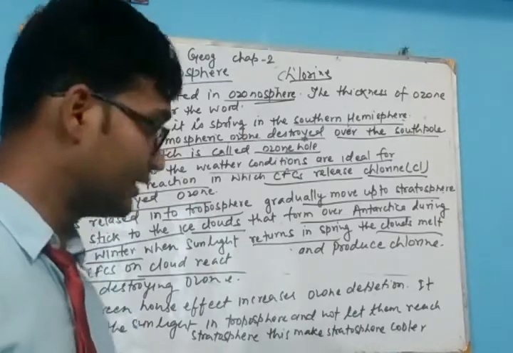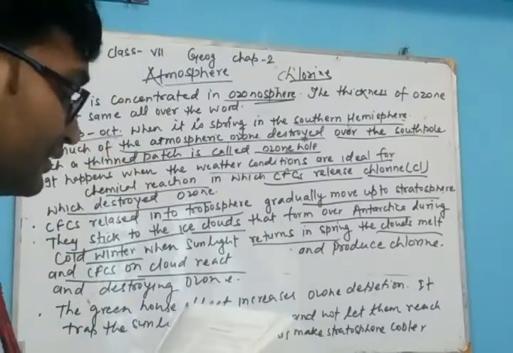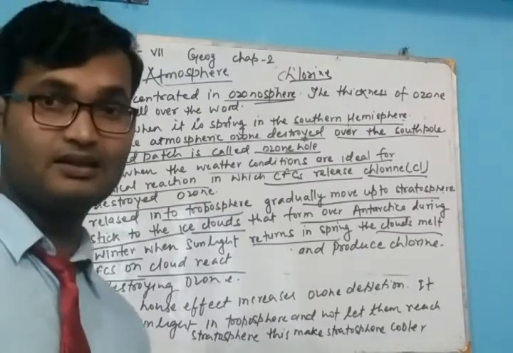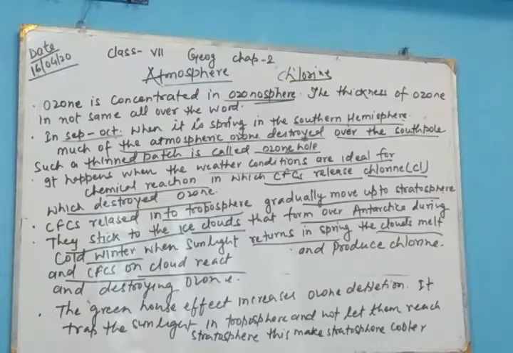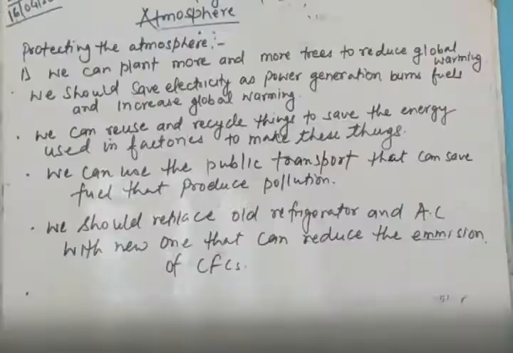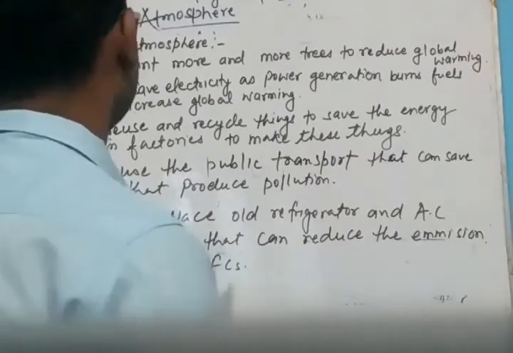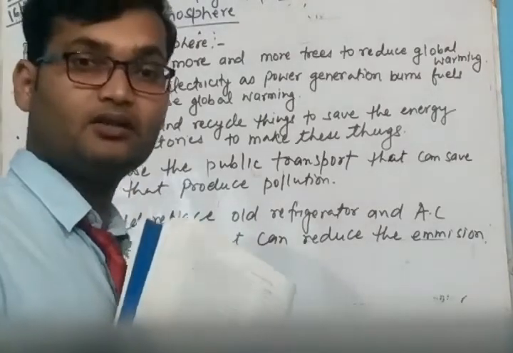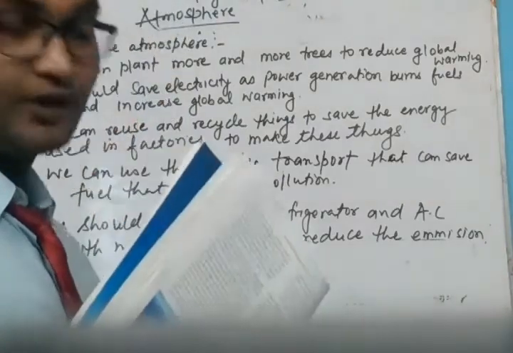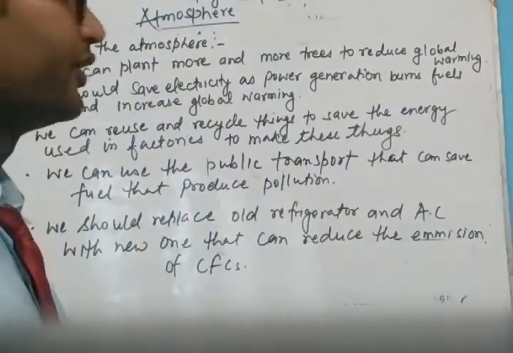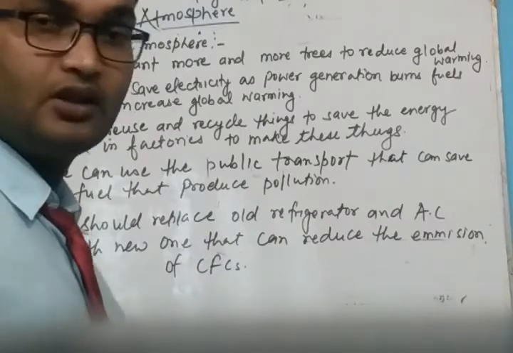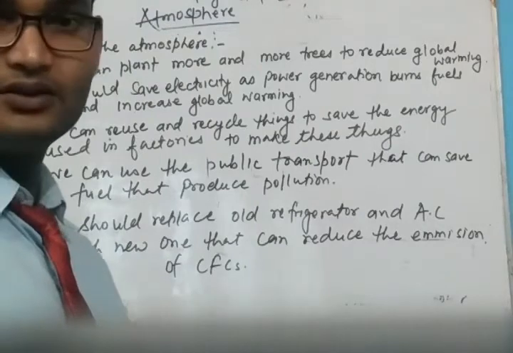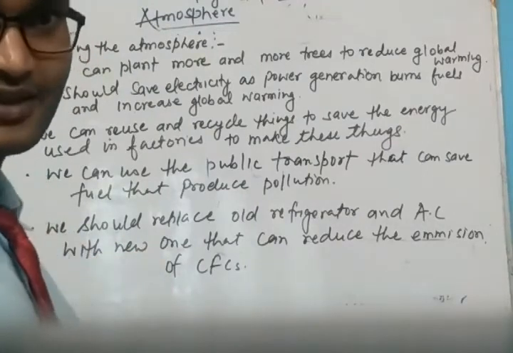The next topic is protecting the atmosphere. How can we protect the atmosphere? What should we do? Let's see. First of all, the main cause of global warming is deforestation.